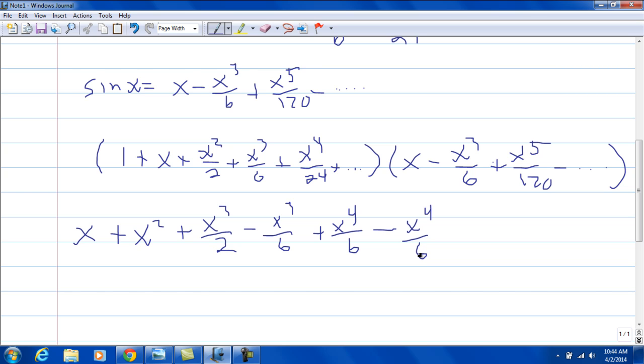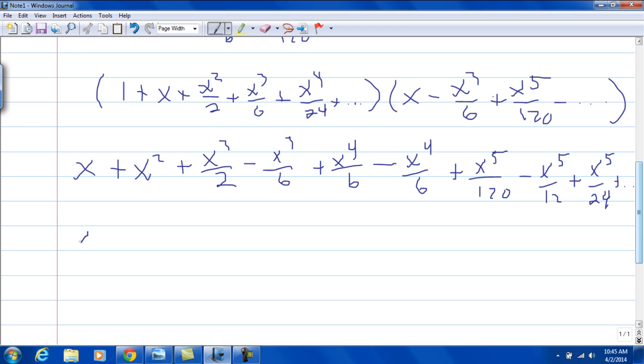Now we can do 1 times x to the 5th over 120, so plus x to the 5th over 120. We can also get the x to the 5th by doing x squared over 2 times x cubed over 6, so that's going to make it minus x to the 5th over 12. We can also get it by doing the x to the 4th over 24 times the x, and that's going to give us plus x to the 5th over 24 plus dot dot dot.